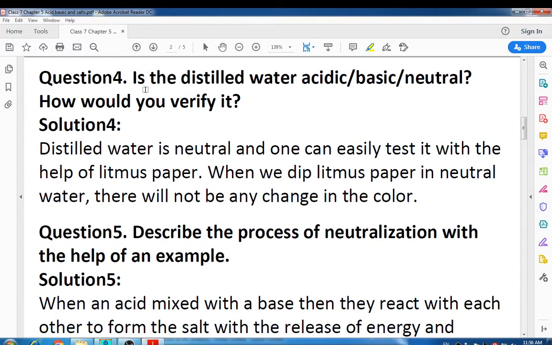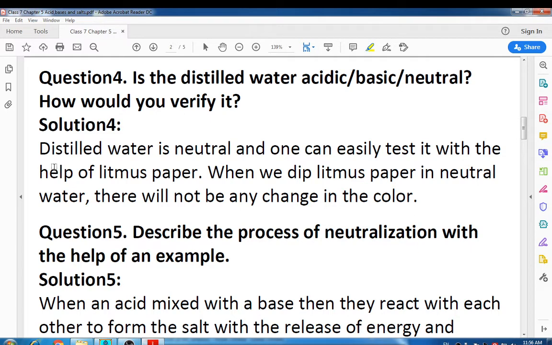Then question 4, is distilled water acidic, basic or neutral? How would you verify it? If you want to check whether something is acidic or basic, we use indicators. In the videos and in the PPT audio recording I have shown you the pH scale, and distilled water shows a pH of 7, which means it is neutral.